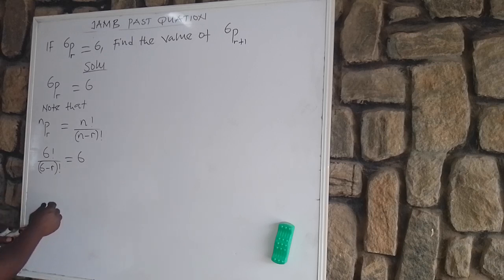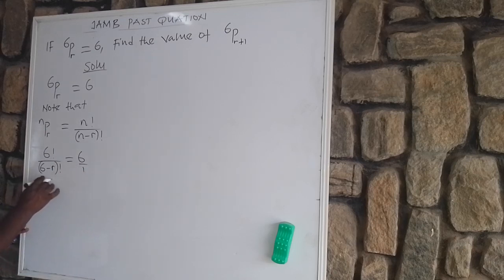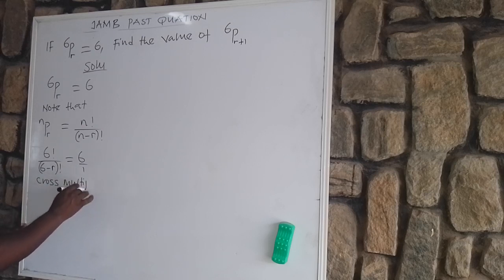What we need to do is cross multiply. If we cross multiply, 6 factorial is equal to 6 times (6 minus r) factorial.